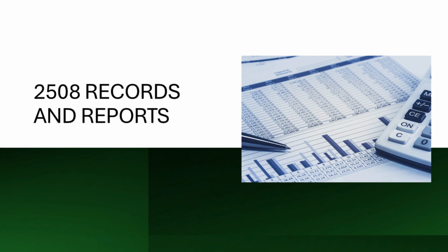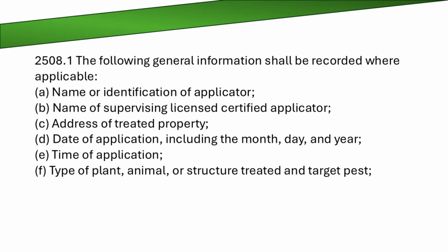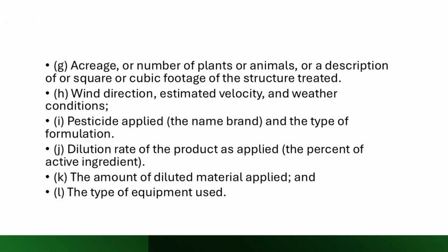2508, records and reports. 2508.1, the following general information shall be recorded where applicable. A. Name or identification of applicator. B. Name of supervising licensed certified applicator. C. Address of property treated. D. Date of application, including the month, day, and year. E. Time of application. F. Type of plant, animal, or structure treated and target pest.